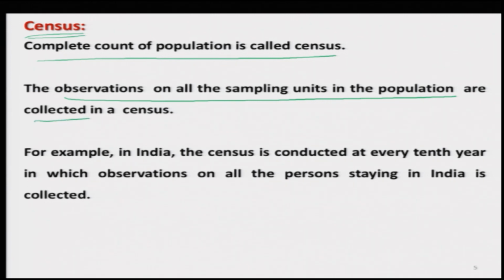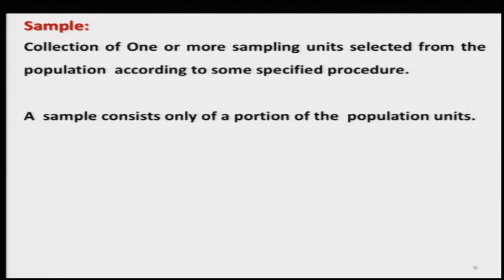For example, in a country like India, the census, that is the counting of the total persons staying in the country, is conducted after every 10th year. People go to all the houses, contact each and everybody staying in this country, and collect observations from them. So, this is called census. In census we consider the entire population.